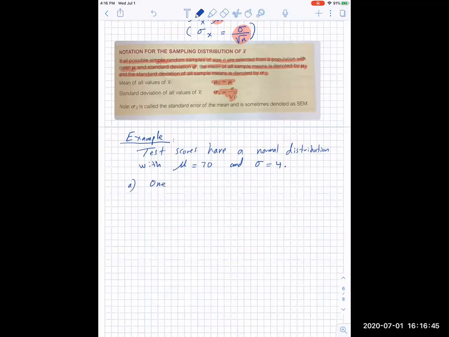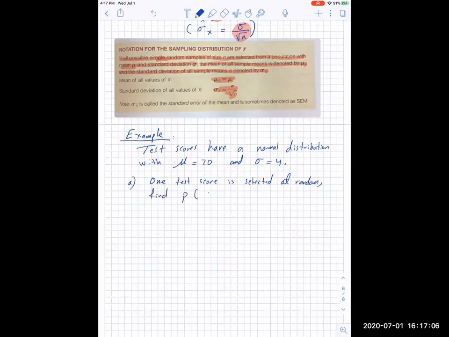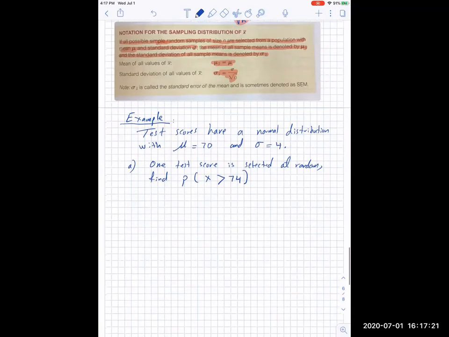Only one test score is selected at random. Find the probability that this single test score is greater than 74. Just one single value.